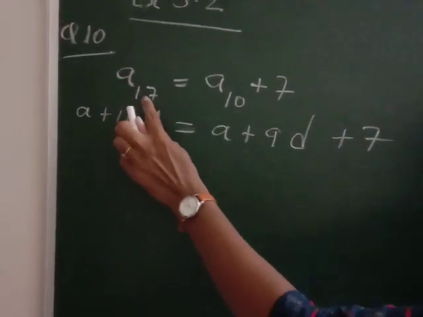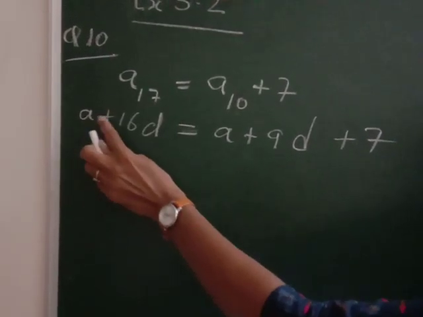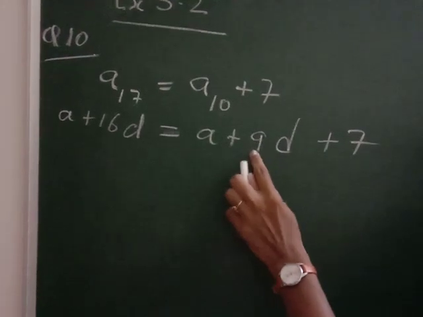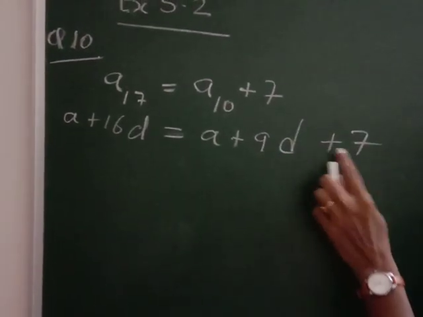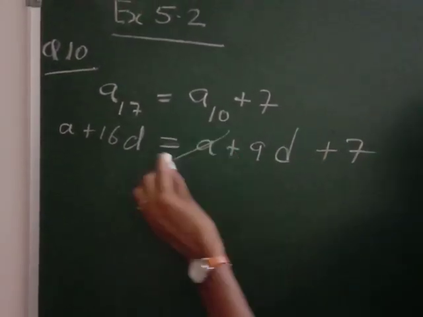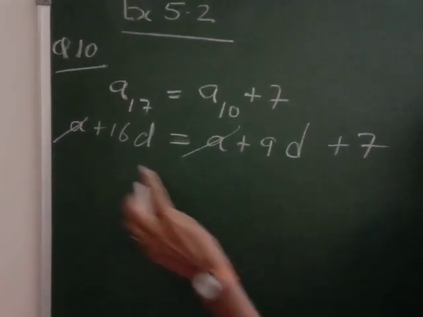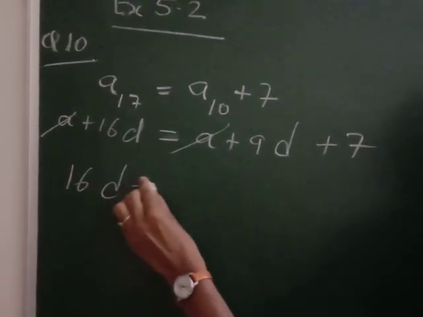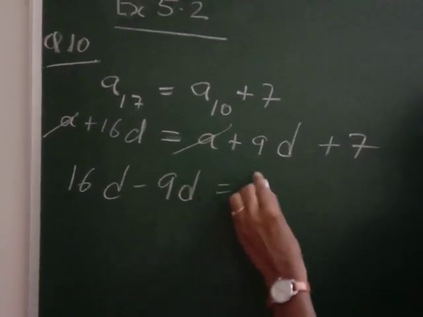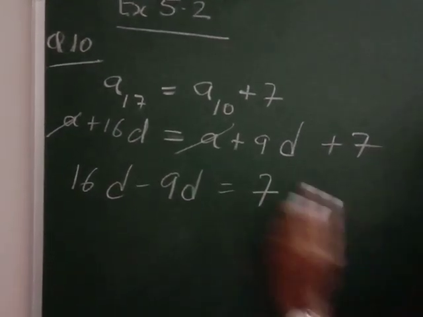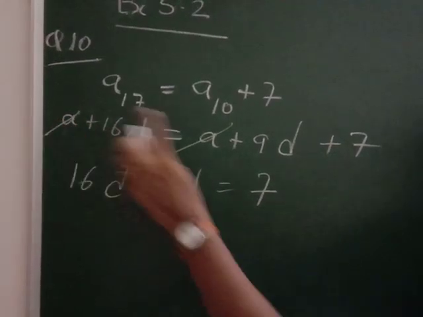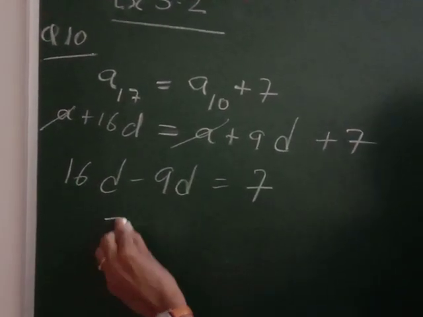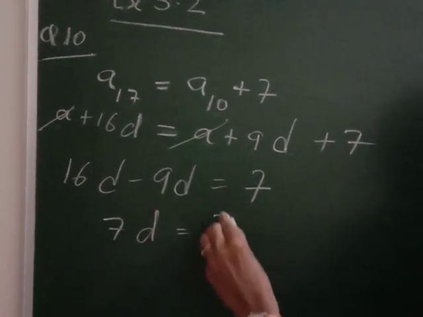Now in place of A17, I write A plus 16D, and in place of A10, A plus 9D plus 7. Now here A gets cancelled, and this 9D comes to this side. So 16D minus 9D is equal to 7. 16 minus 9 is 7D is equal to 7.